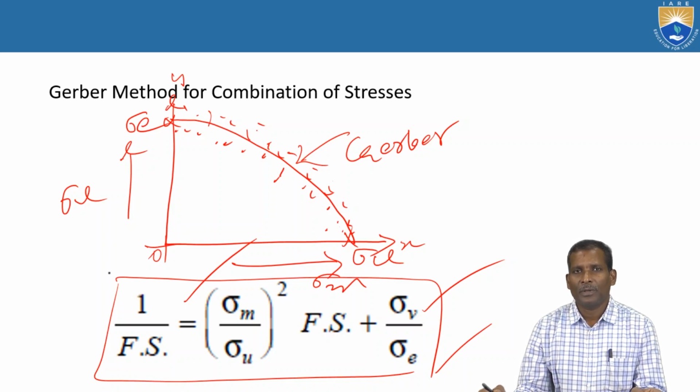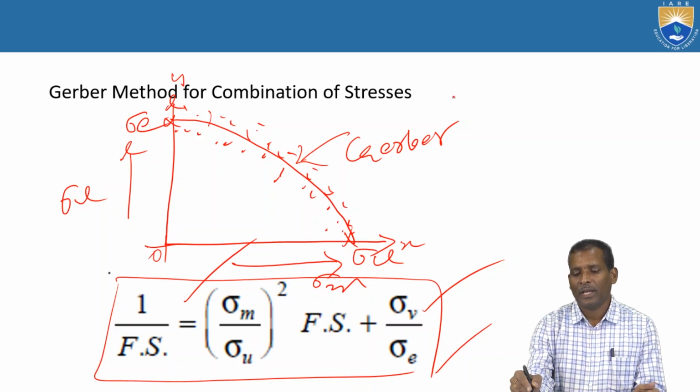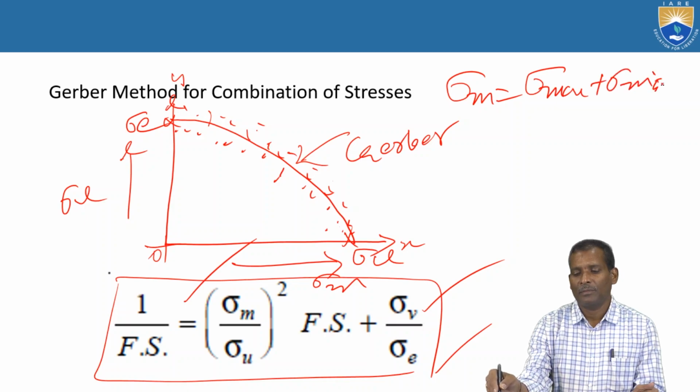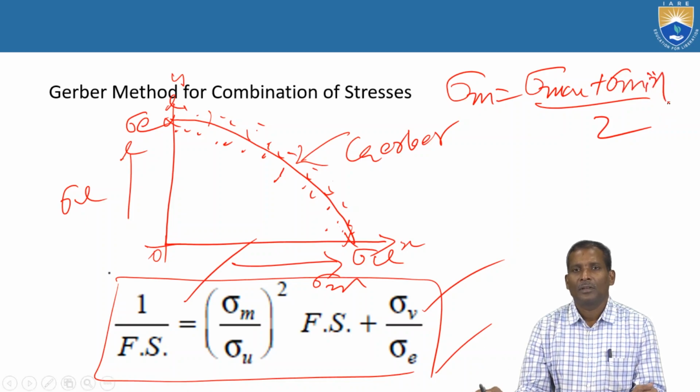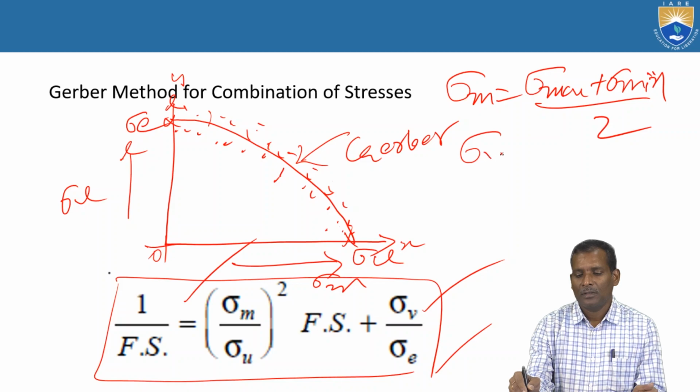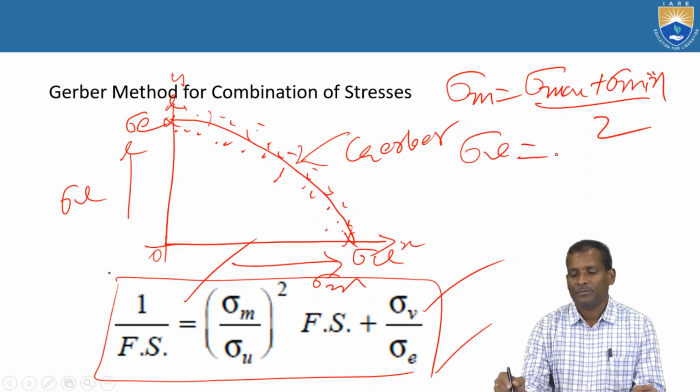So first, by using this method, you need to calculate the mean stress. How do you calculate the mean stress? Sigma max plus sigma min by 2. Similarly, variable stress is sigma max minus sigma min by 2.